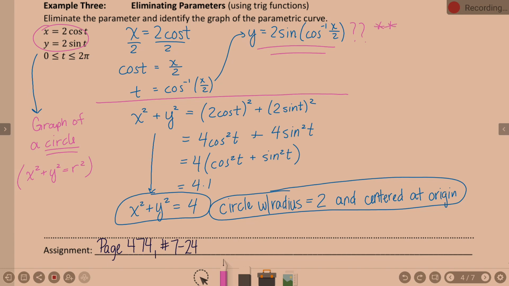My suggestion is going to be to check out the parametric graph to see what we might be looking for. That's my suggestion there.